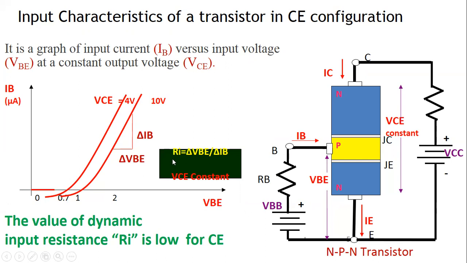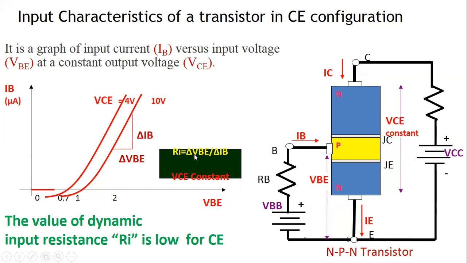Now what is going to be the input resistance of this device? Since we are applying the input to this base, the input resistance is offered by the device, and we calculate it with the help of the slope of this curve. The input resistance is calculated as the change in base emitter voltage to the change in base current.